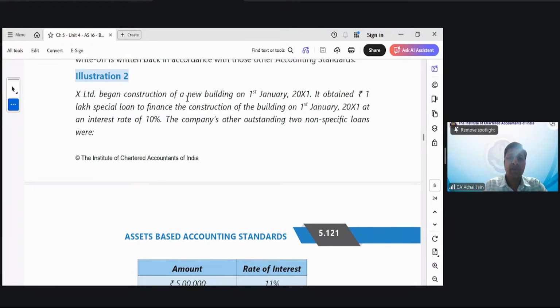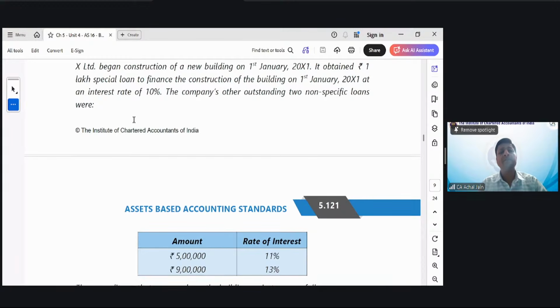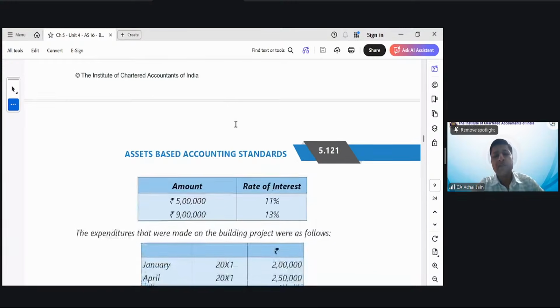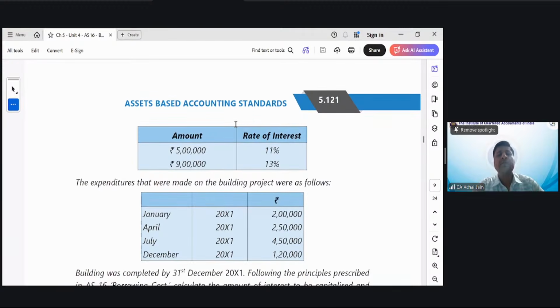Please explain. So my query is that here, because there are months, we are considering the weighted average method. But if there is no month, we will not consider weighted average. What do you mean by months? These are the months which are given for the expenditures on the building project.